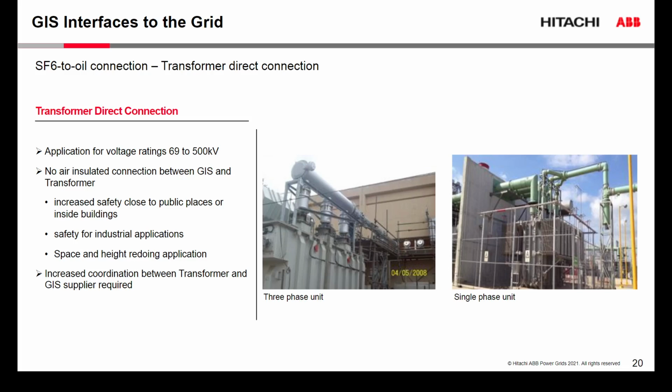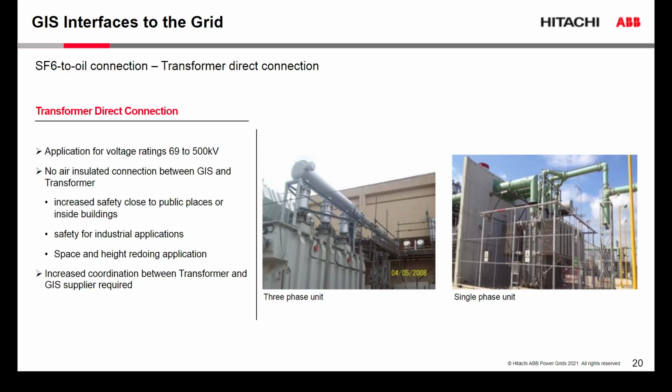If you have an installation close to a refinery, close to an LNG plant, those are definitely items which have to be considered as an advantage. It also plays a role if you install a substation close to public places. Let's say you build it right beside a stadium, beside a school, or inside a building.